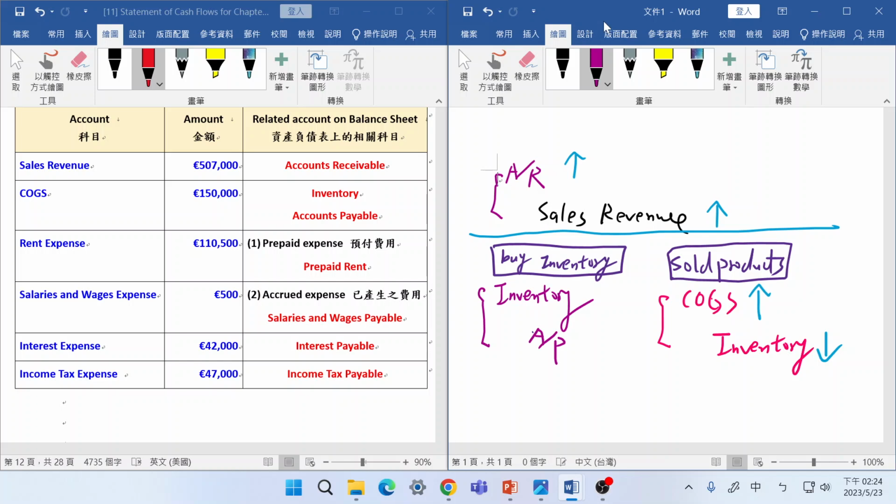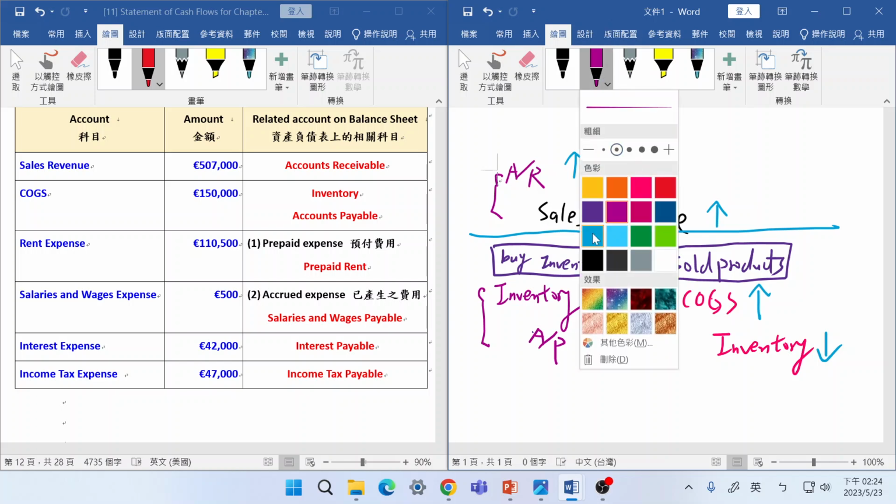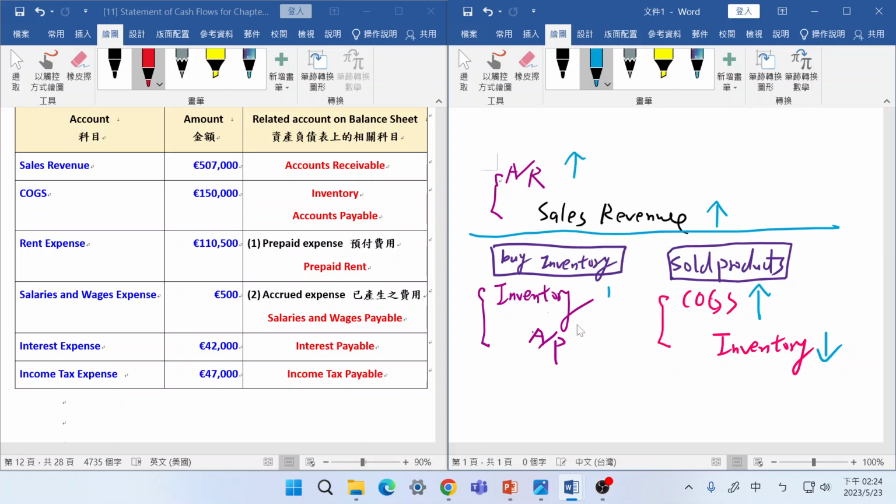Accounts payable increase happened. So buy the product, inventory increase, didn't pay, accounts payable increase. So that's why when we use cost of goods sold, we also need the help from inventory and accounts payable.